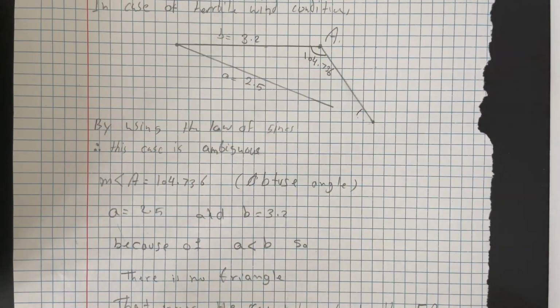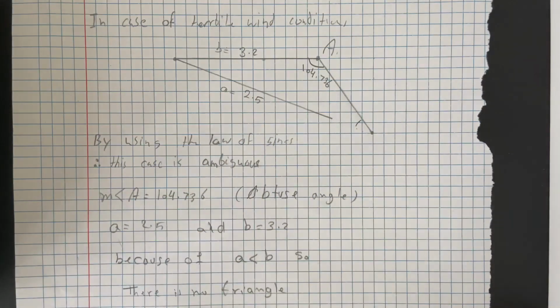For the final part, Christopher is going to cross the river again in a terrible wind condition. His speed increased a bit. Now it's 2.5 meters per second. The current of the downstream also increased. It's now 3.2 meters per second. Now, using the law of sines, this case is ambiguous. What does that mean?